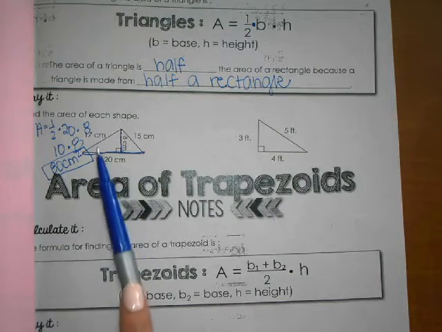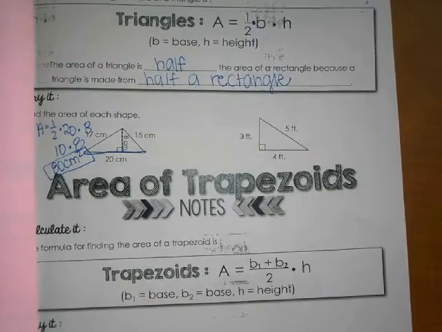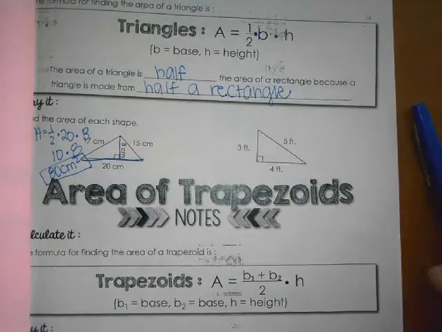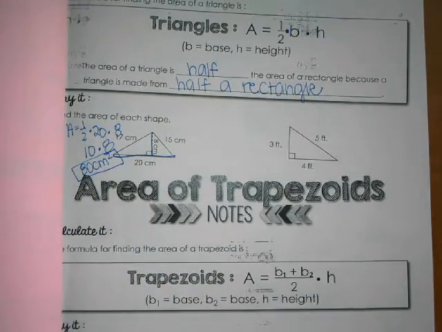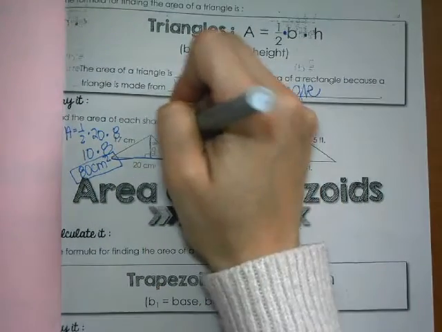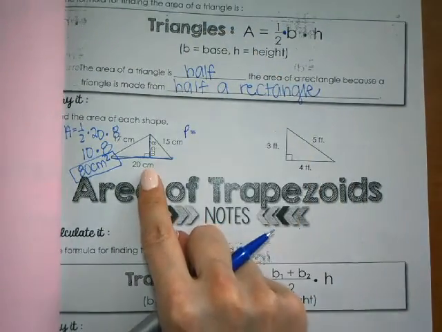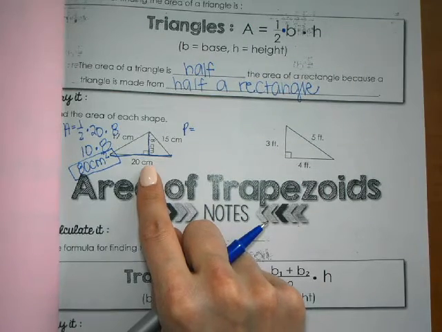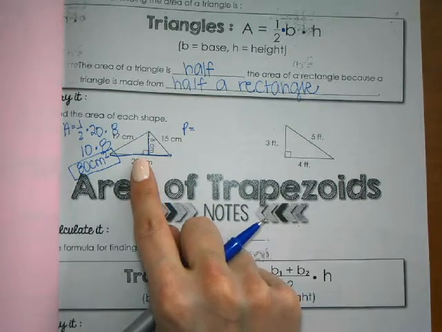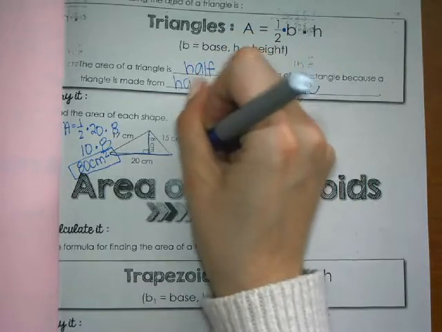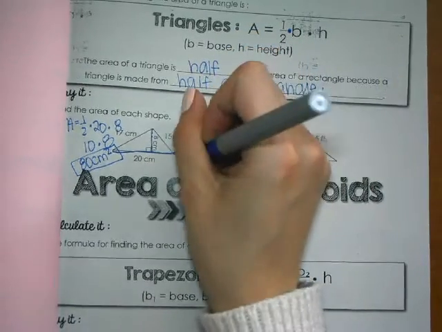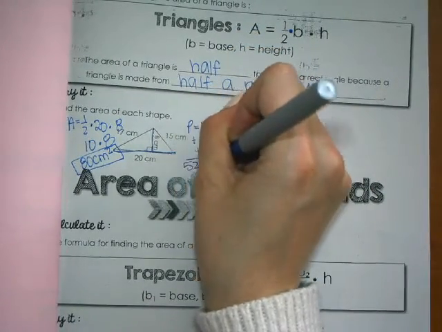Okay, find the area and the perimeter of both with your partner. Go. All right, perimeter of the first triangle, number 18. Tell me how to do that. Why did you not add the 8 centimeters?